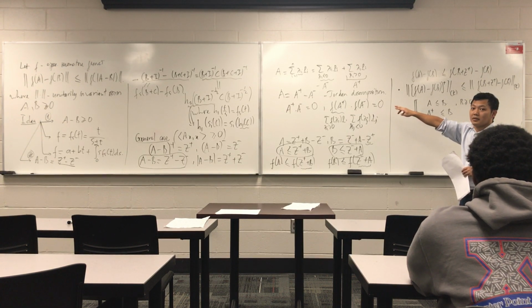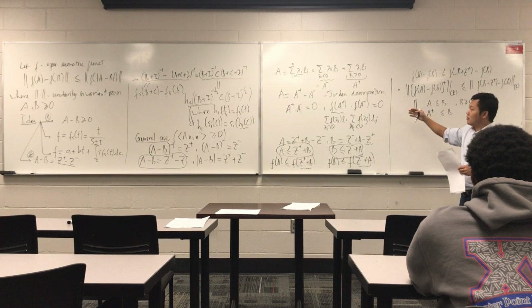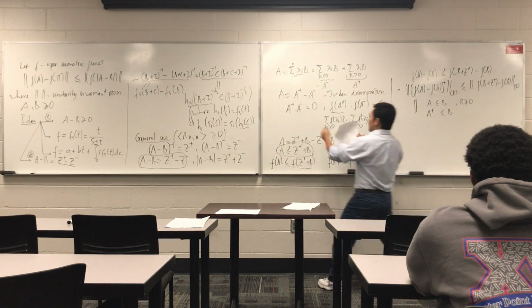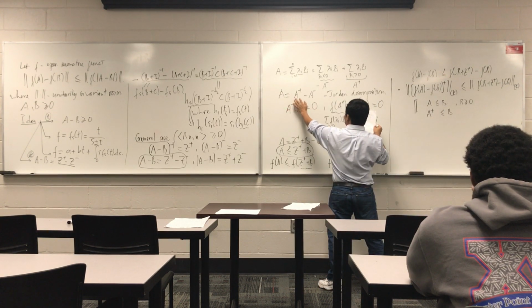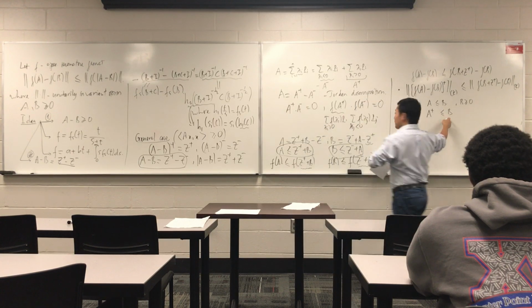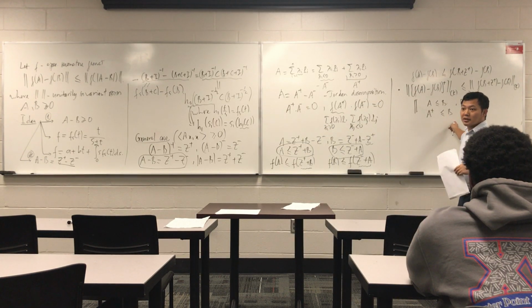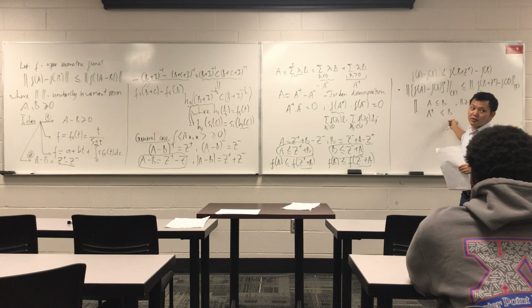But since A plus and A minus have different directions, this part should be less than or equal to this guy. I mean, that is reasonable, right? We don't need a strict proof, but you imagine and believe that.